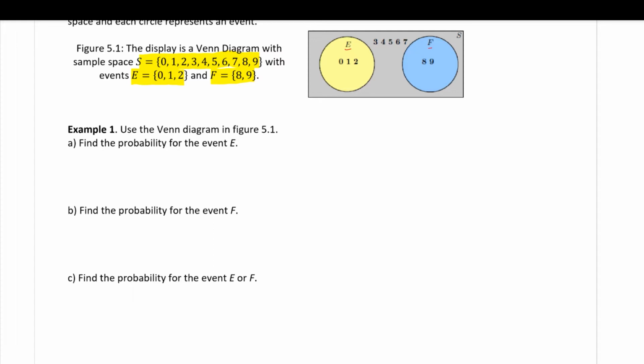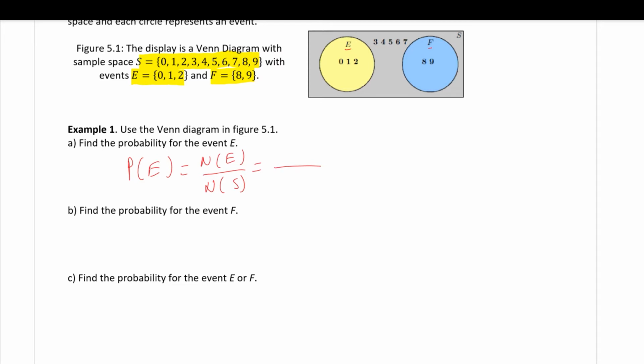Well, using the classical method, right? We would say probability of event E is equal to the number of elements in event E over the number of elements in our sample space.